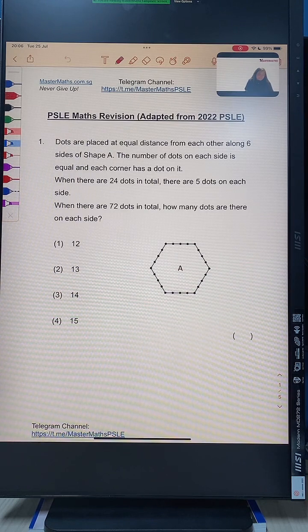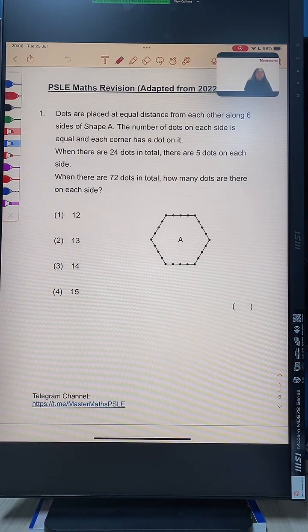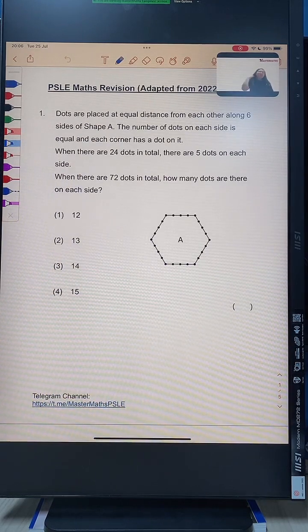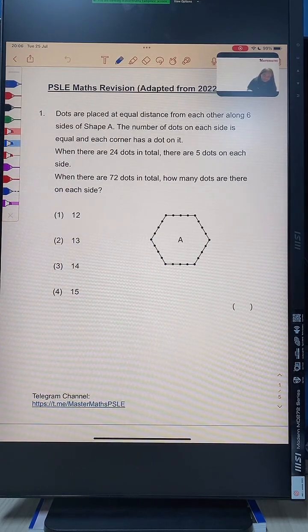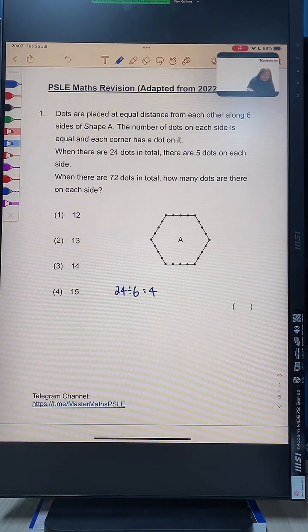Okay, let's go through the solution now. We see that there are 24 dots in total in the diagram given here, and there are 5 dots on each side. Now if we take 24 divided by 6, because there are 6 sides, I am only going to get 4, which means that on one side, I am only going to get 1 corner.